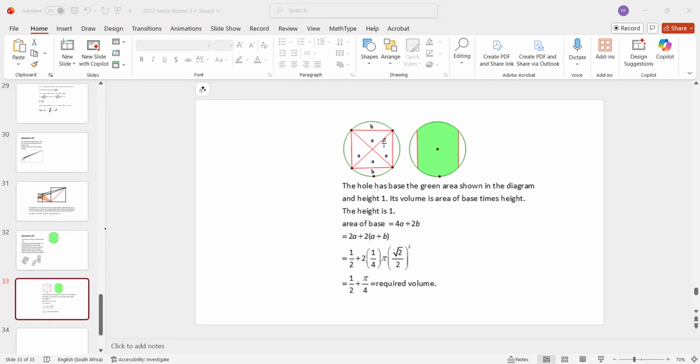All right, so that brings us to the end of this paper, 2022 Junior Round 3. As you can see, the Round 3 problems are quite challenging.